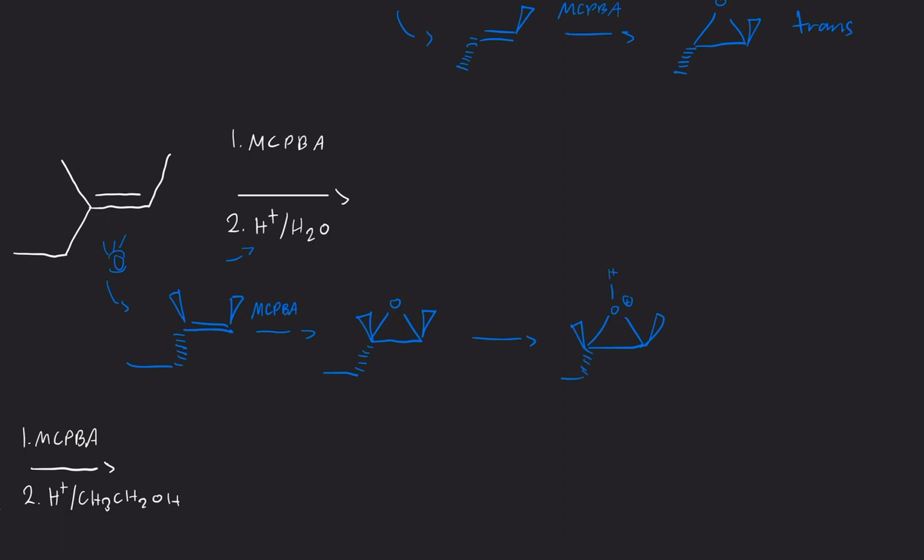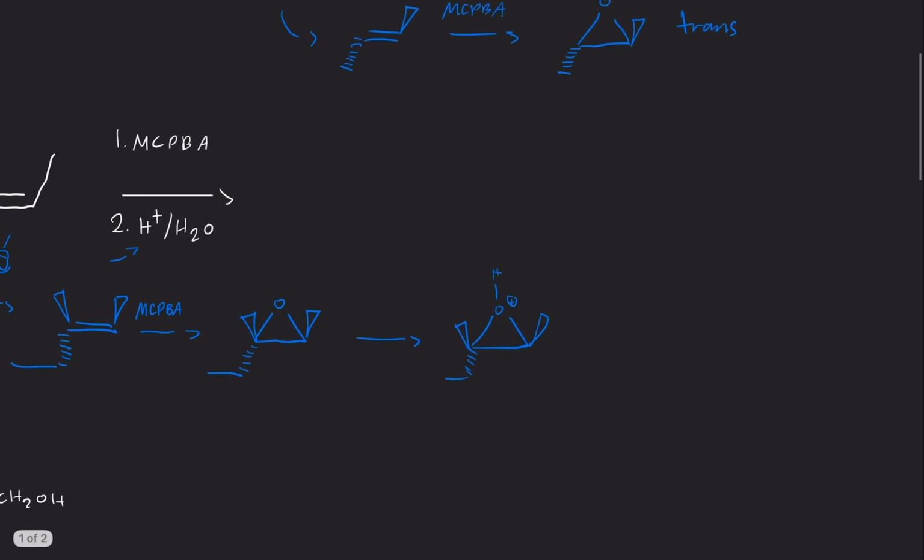Okay. And then finally, our weak nucleophile will come and attack our more substituted carbon. So if you see here on the left, this is the more substituted carbon. On the right, we have the less substituted carbon. But anyways, the water molecule, the weak nucleophile, will come and attack the more substituted carbon.